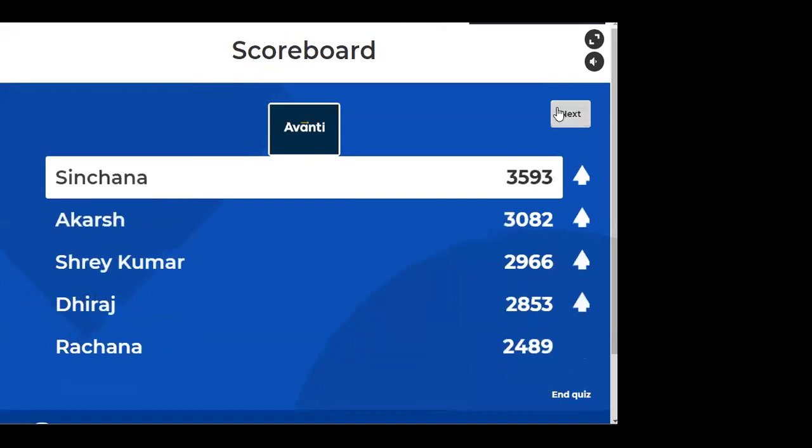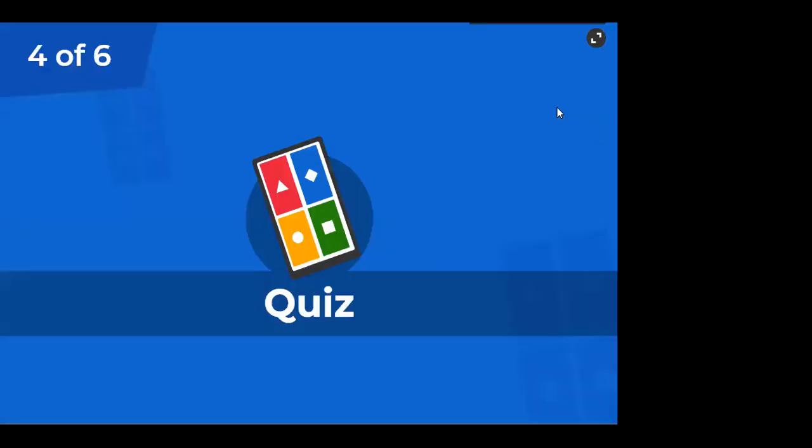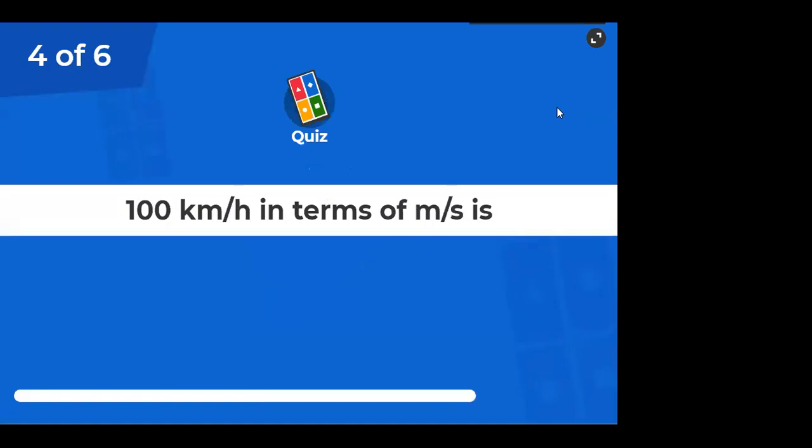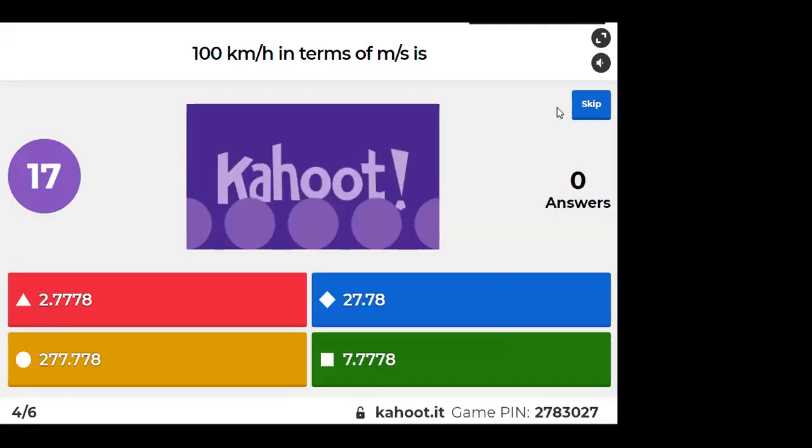Okay, I hope all of you are getting the concept clear. Next, 100 kilometer per hour in terms of meter per second is again kilometer per hour into meter per second.